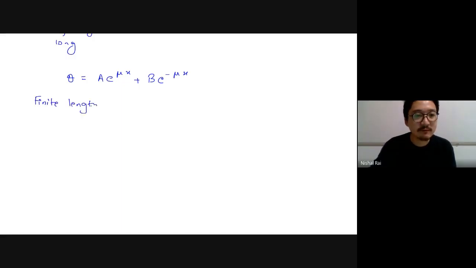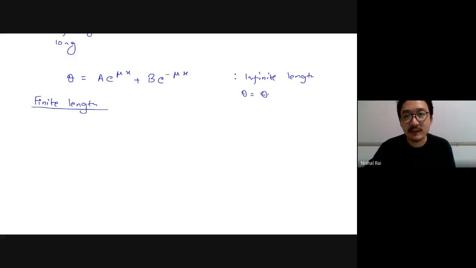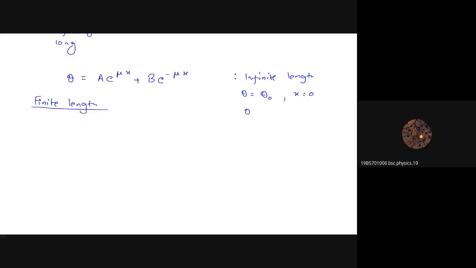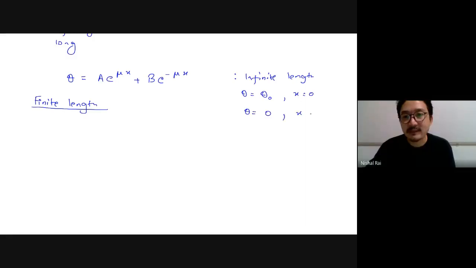First, let's consider the infinite length. What was the boundary condition for the infinite length? For the infinite length, we considered theta to be theta naught, constant, at x equal to 0. Temperature to be 0 as x tends to infinity. Clear? These were the two limits for the infinite length.